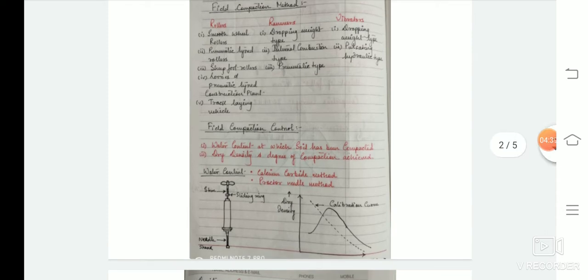So what are the uses of this equipment in the field? The performance of any kind of compacting equipment depends upon the type of soil, its particle size distribution and its water content.